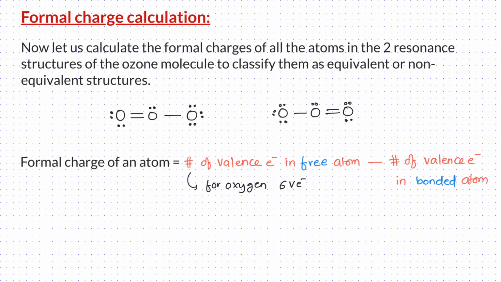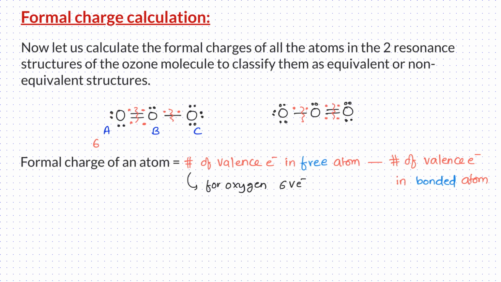Now what I'm going to do is break all the bonds in each of the resonance structures, and whenever I am breaking a bond, I am going to assign 1 electron each to both the bonding atoms. For oxygen A on the left here, the number of electrons in a free atom is 6, and I have 6 electrons around this in the bonded state.